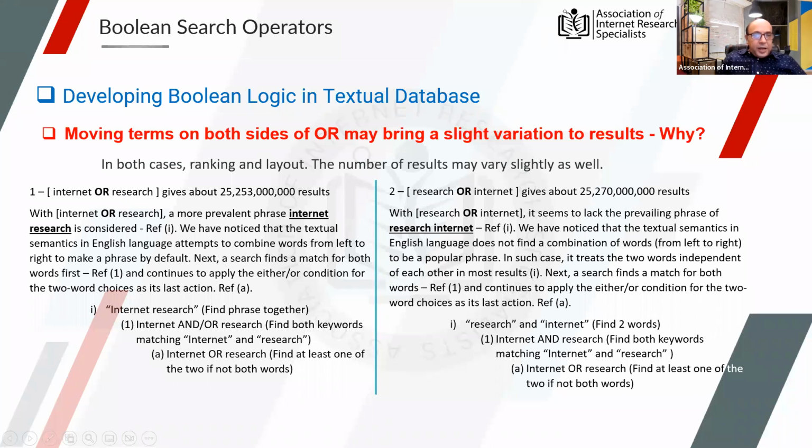What would happen when you move the term on the right to the left? In the first one, I have internet or research versus research or internet. When you switch terms in OR, you will find the number of results are slightly different.